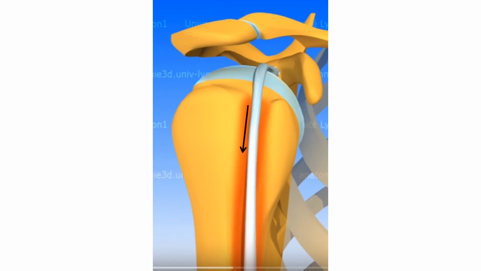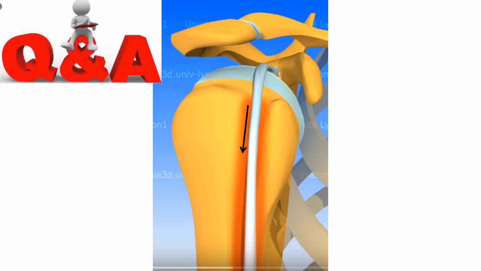It is a lateral view of the shoulder joint, and the long head of biceps is running in a groove between the greater and lesser tuberosity of the humerus. It is called the bicipital groove because of the long tendon of the biceps brachii. It is also called the intertubercular groove. Here are the questions we asked and we answered them.